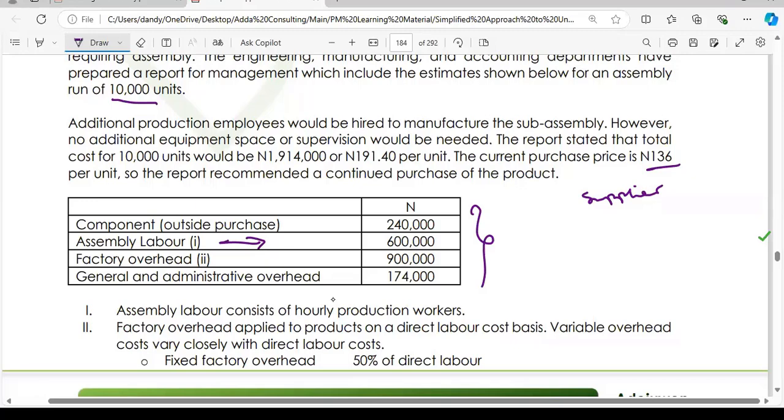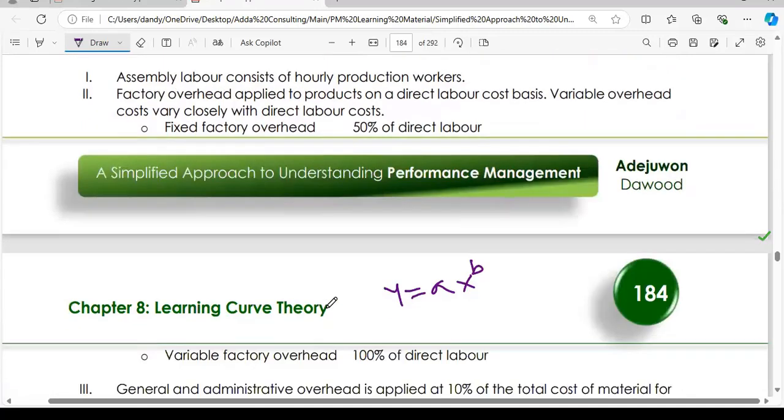Once I have that, I then need to calculate my X. X is the required output, 80,000 pumps, divided by the output in the first batch, which is 10,000. So I will say 60 multiplied by 8 raised to the power of log of learning rate over log 2. It's as simple as that. So let's check the answer.